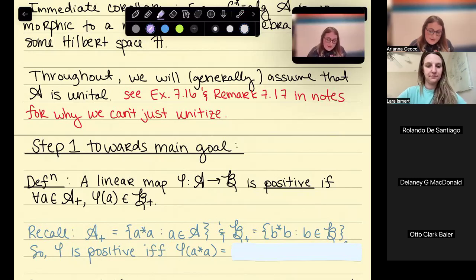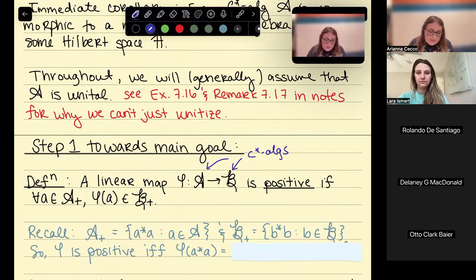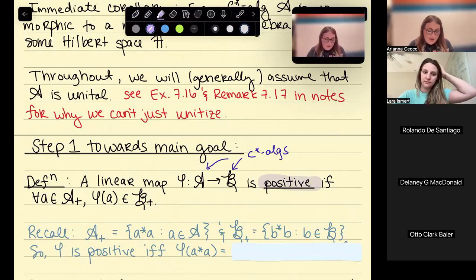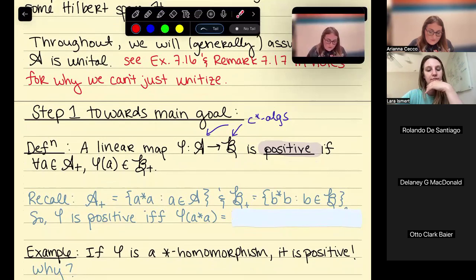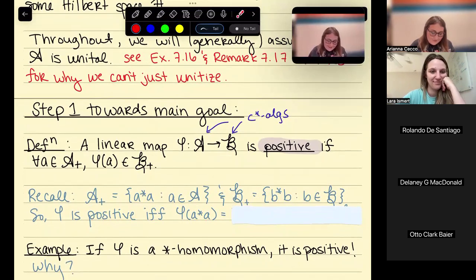We say that a linear map phi from A to B, where these are C-star algebras, is positive if for any positive element A, phi of A is a positive element in B. I use Laura's notes on Overleaf, so if she recognizes this, that's where I got it.